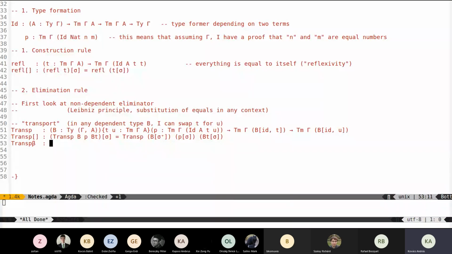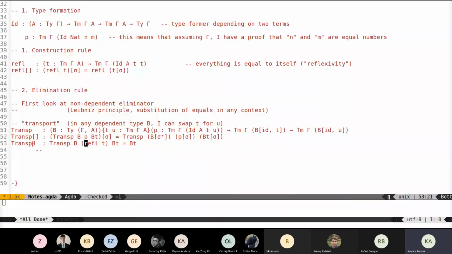Okay. So there is a computation rule for this transport, and it says that if I have a transport of B, refl T, of BT, then that just computes to BT. And we can check that the sizes of these equations are the same.